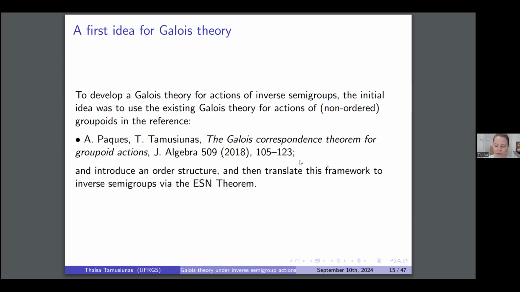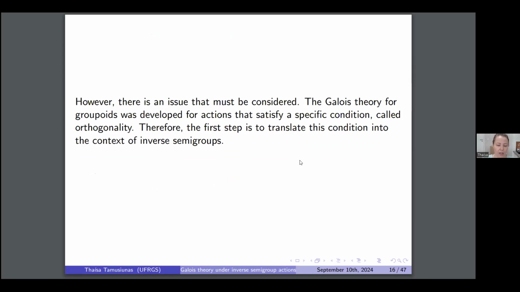This was the first idea, to develop a Galois theory for inverse semigroups. However, there is an issue that must be considered. The Galois theory for groupoids was developed for actions that satisfy a specific condition called orthogonality. What is this condition? I will show.